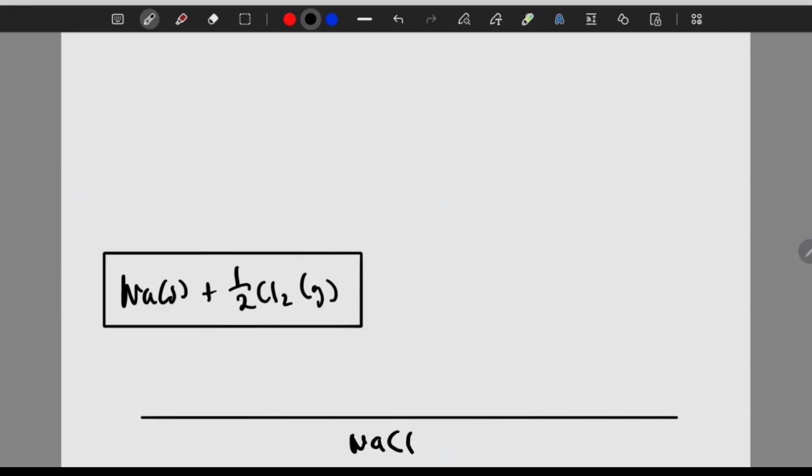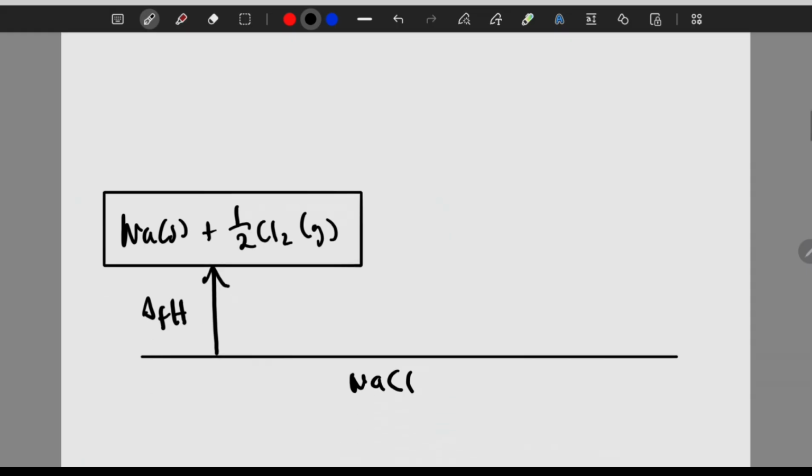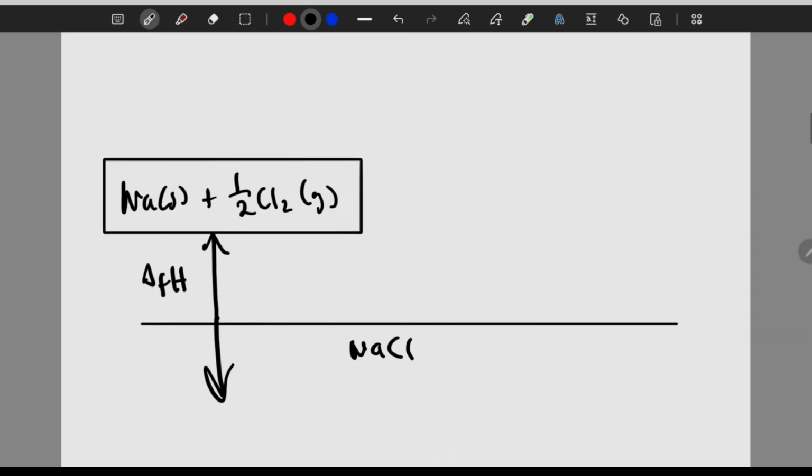Okay, and the enthalpy of formation is endothermic. So that was going to go up. Also, in an exam question, the arrow might also go down because remember the enthalpy of formation can be endothermic or exothermic.